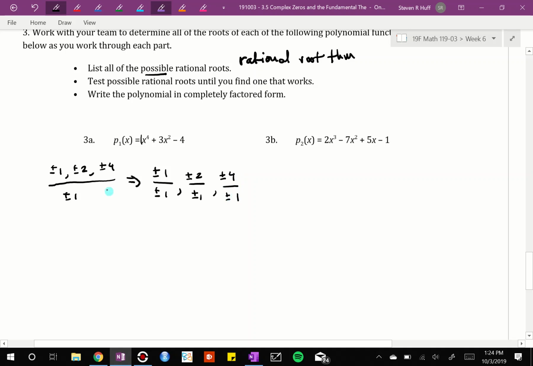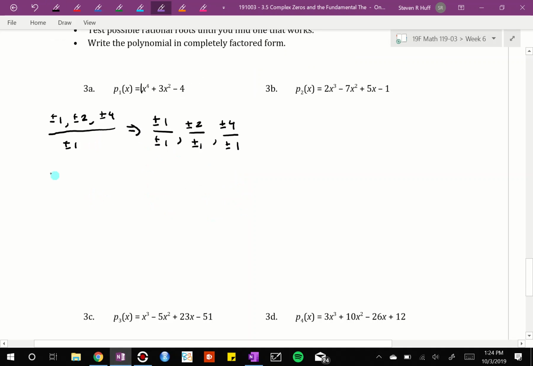There is no other second denominator here, so we don't have to go through this process again. What we end up getting is plus or minus 1, plus or minus 2, and plus or minus 4. So we have 6 possible rational roots that we can check.